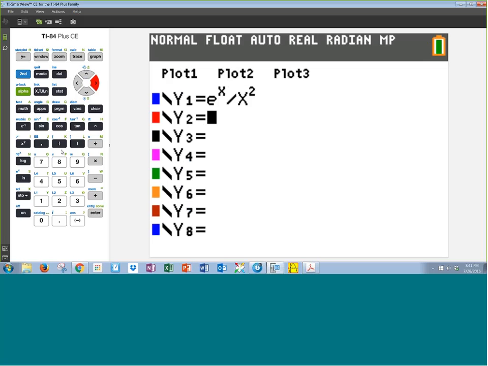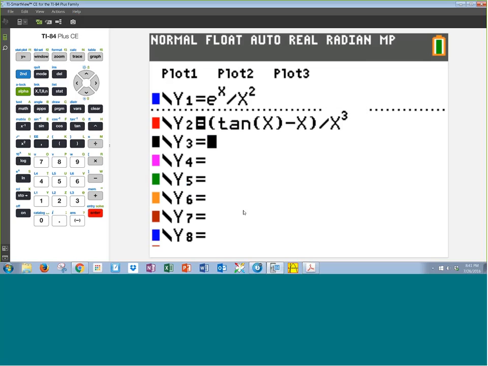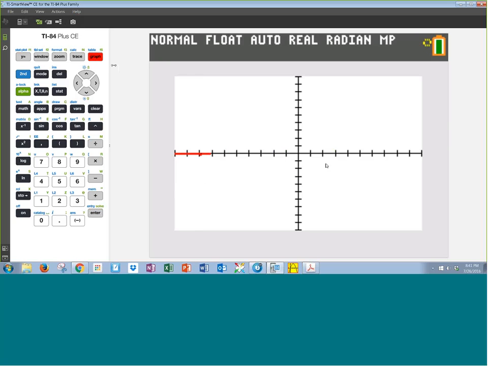All right, so we need the tangent of x minus x, divided by x raised to the 3rd power. All right, let's look at that graph. Perfect. All right, so here it comes.